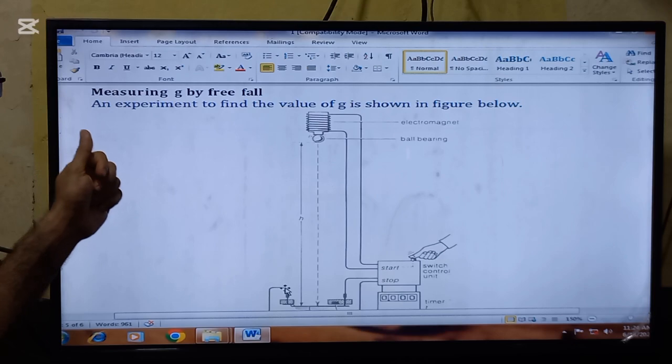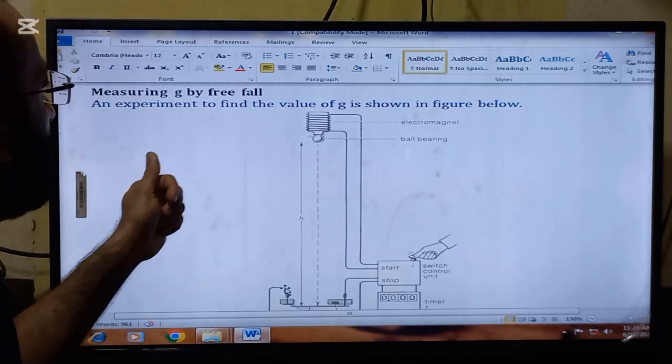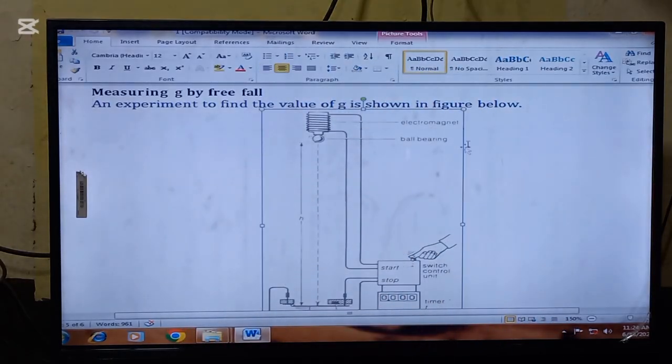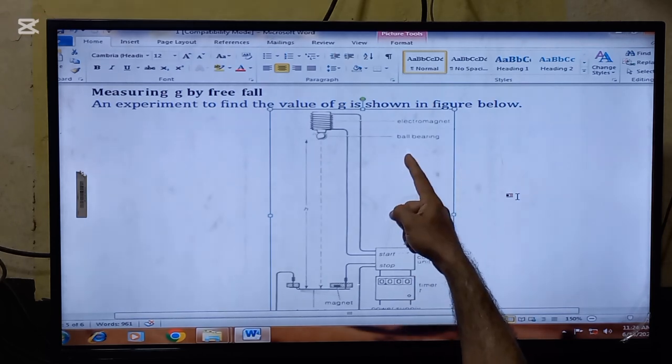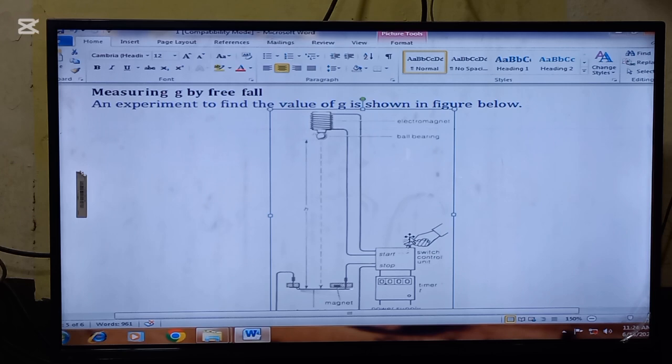Look now, measuring g by free fall. An experiment to find the value of g is shown in the figure. Here is an electromagnet to which a ball bearing is attached.